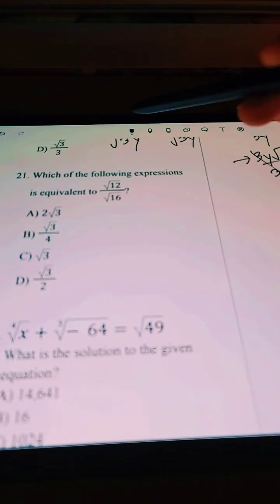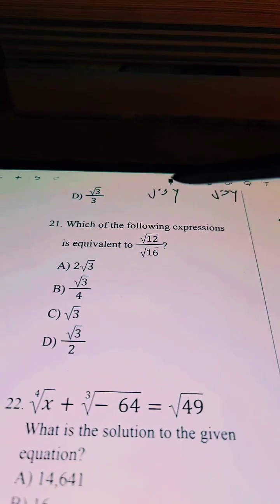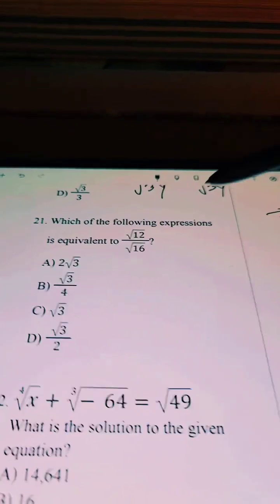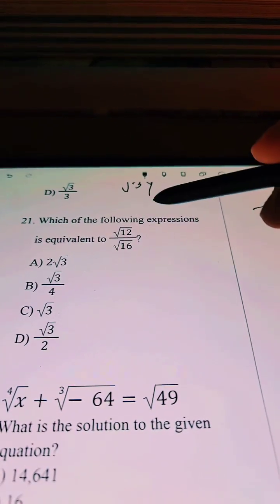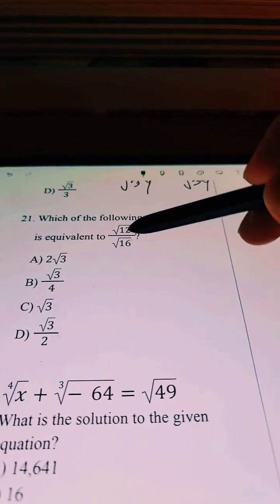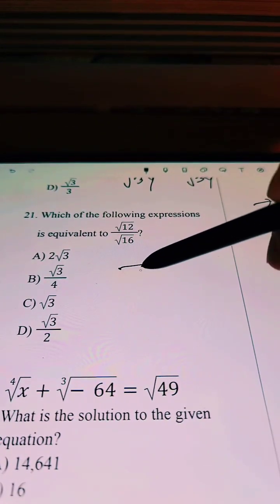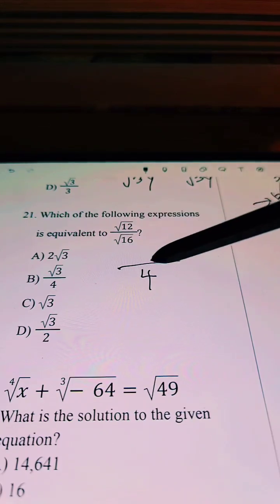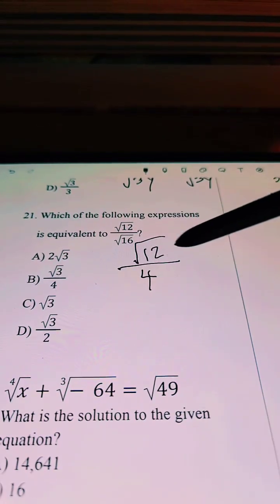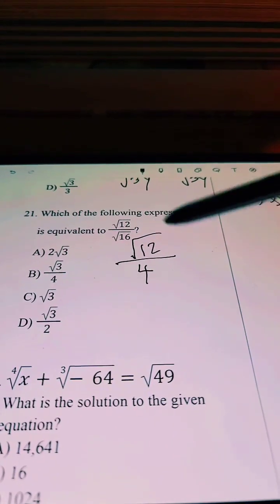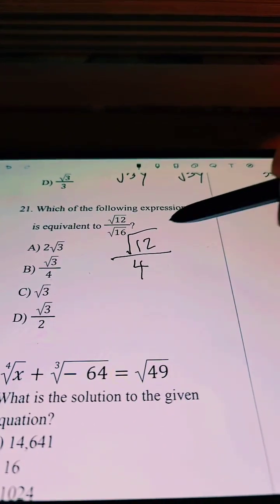So let's go to number 21. Which of the following expressions is equivalent to this? So again, we don't like those radicals on the bottom, but we can simplify root 16 because we know that's a perfect square. And then you'll see we don't have anything that looks exactly like this yet. That's because we have to simplify the radical on top as well.